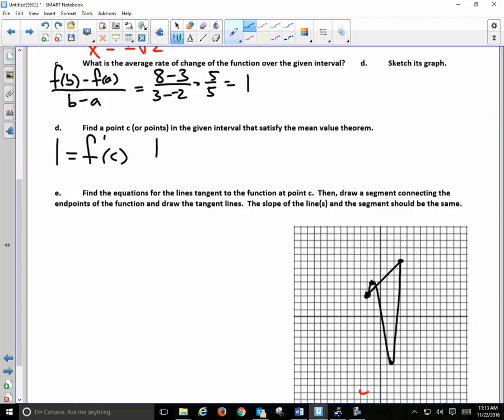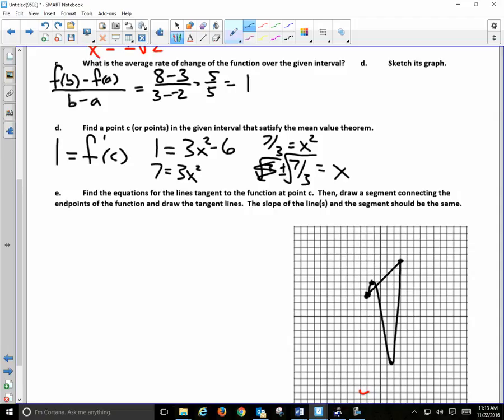So 1 equals, what's the derivative? So I solve, and I get 7 is equal to 3x squared. So 7 over 3 is x squared. So the root of 7/3 plus or minus is x.